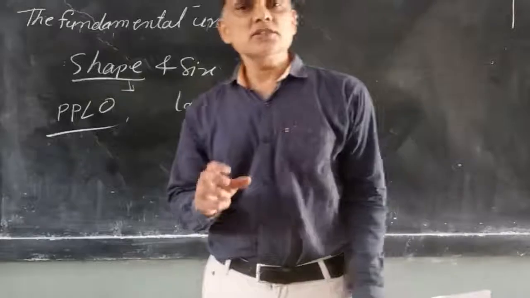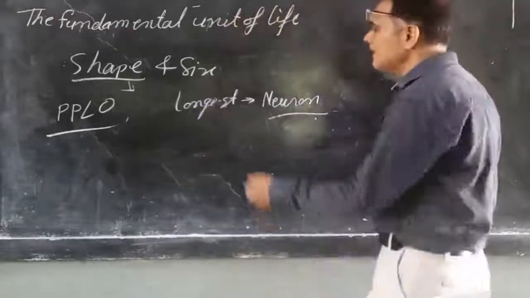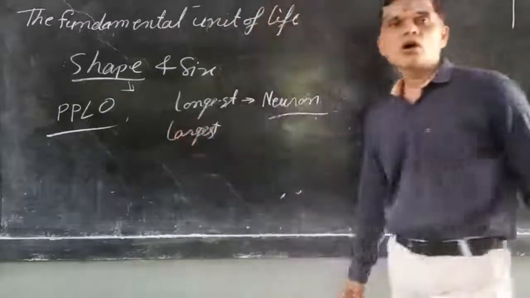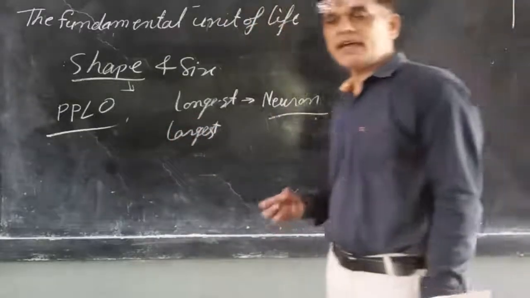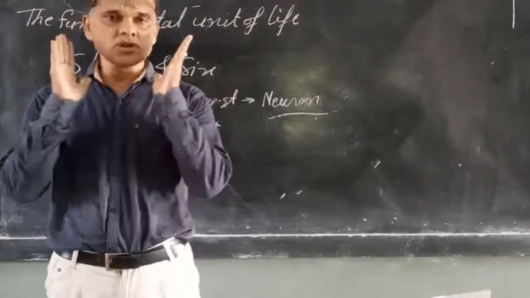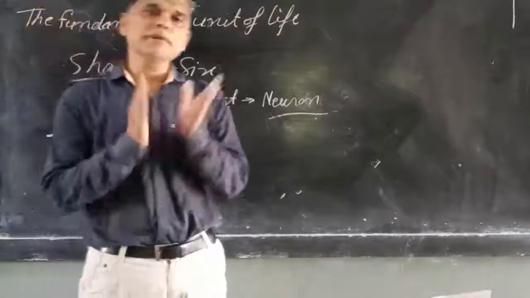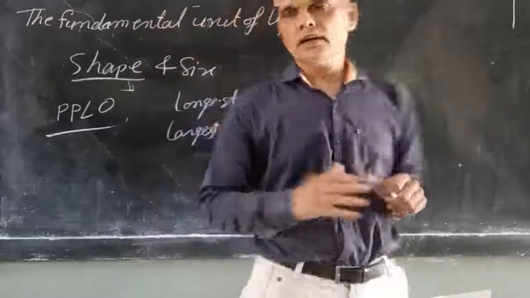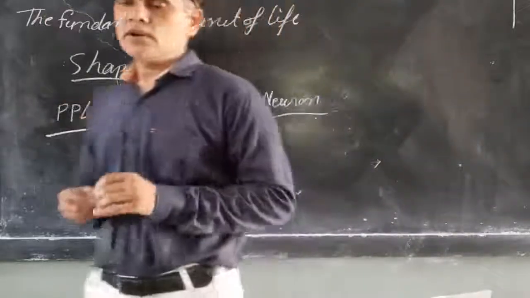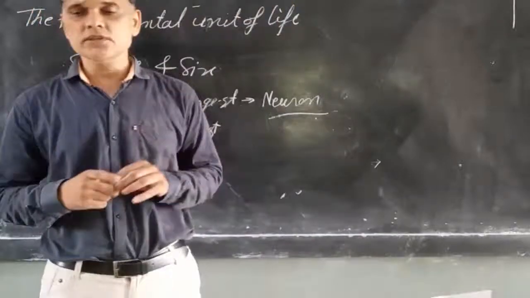The neuron is the longest cell, and the largest cell is the ostrich egg. The ostrich egg is the largest cell, and we can see it with naked eyes, but normally cells cannot be seen with naked eyes. Otherwise, all cells we cannot see with the naked eye.